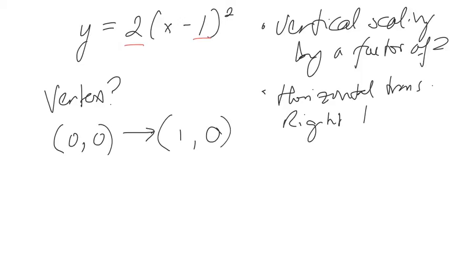Now the neat thing is that once you get used to reading vertex form, you'll be able to pick off the vertex really easily. That's why it's called vertex form, because when you're used to working with it, you can read the vertex right from the equation.